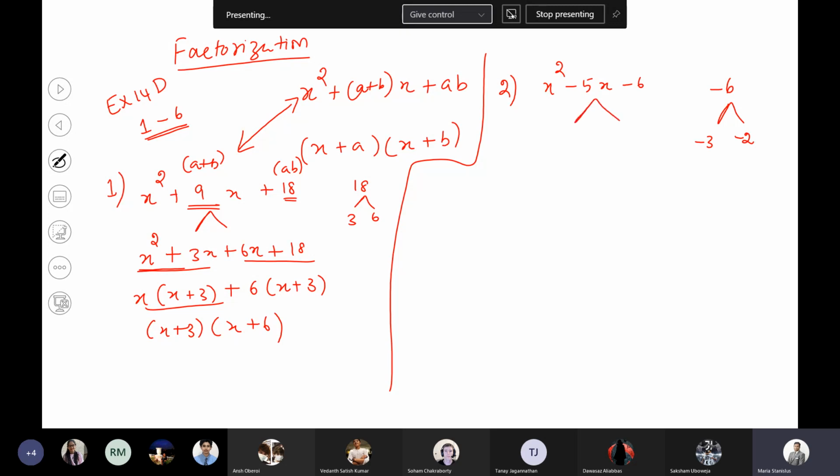Therefore, I split this term as minus 3x and minus 2x. Therefore, this gets into 4 terms, and I'm going to group these 2 terms together. If you take x as a common factor from this, I would be getting x minus 3. Similarly, minus 2.